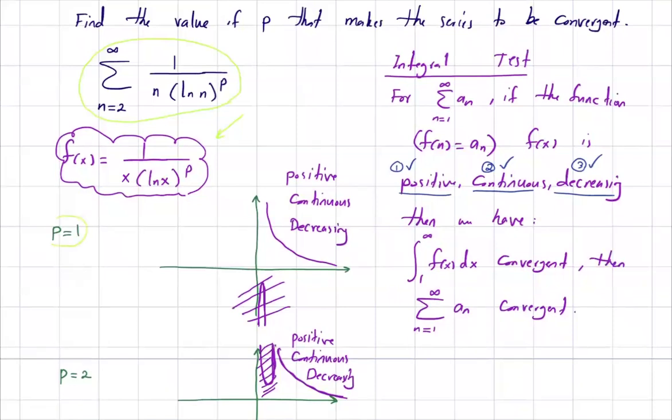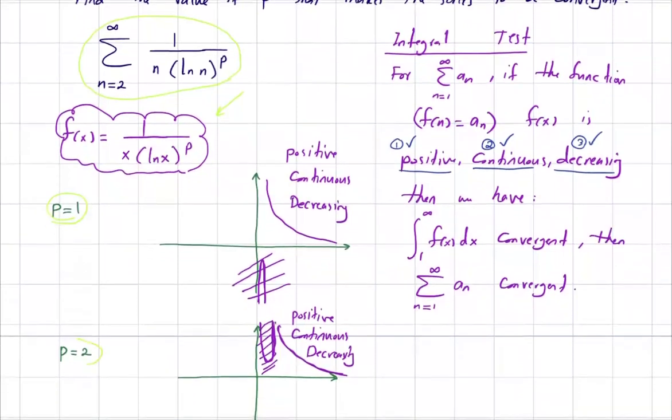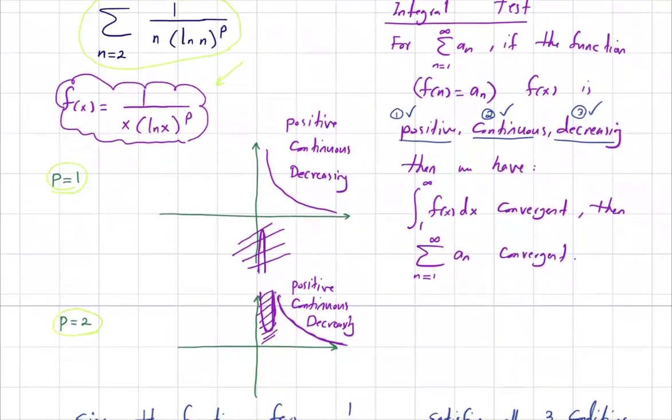What we did, we plugged in some values for p and analyzed the behavior of the function itself. Since you're looking at the interval 2 to infinity, you are looking at the positive part of the graph. You can ignore this part of the graph when p is equal to 1. So obviously, the function is positive, continuous, decreasing.